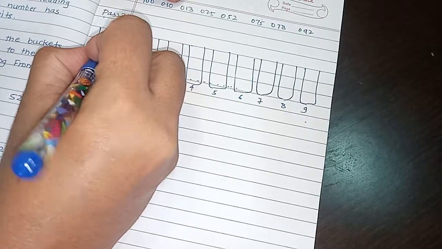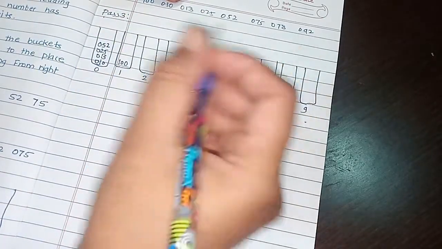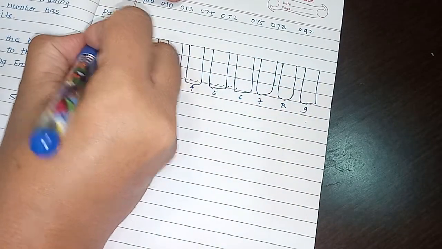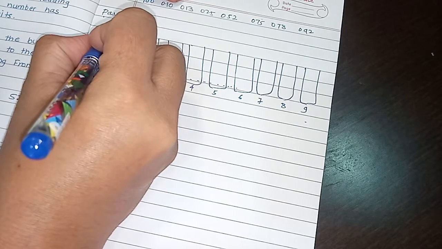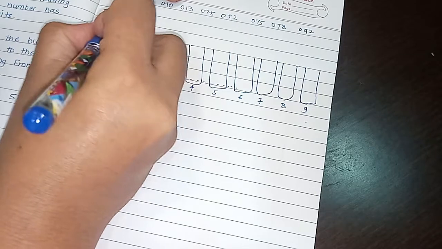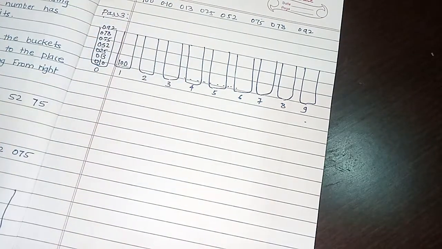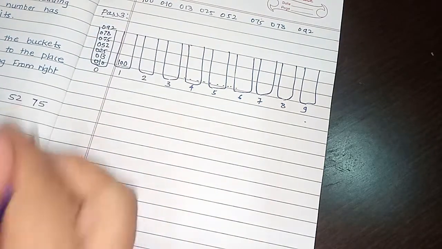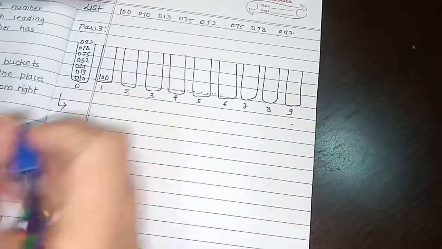Coincidentally all the remaining numbers are having the hundreds place as 0, so 052, 075, 078, 092. So all these numbers are going inside the zeros bucket only.